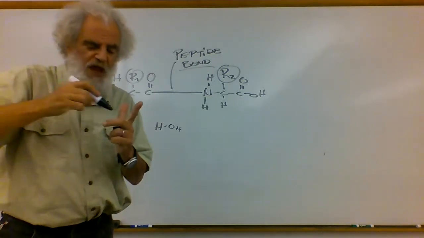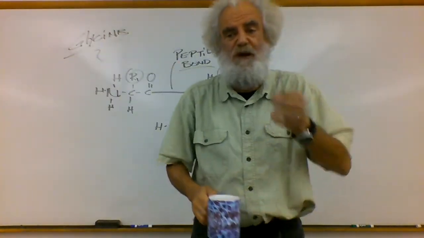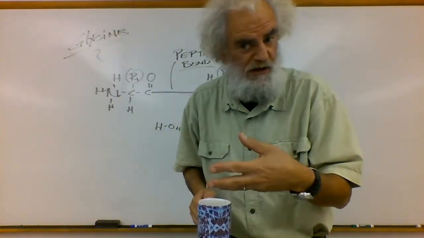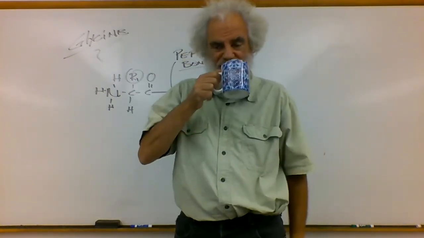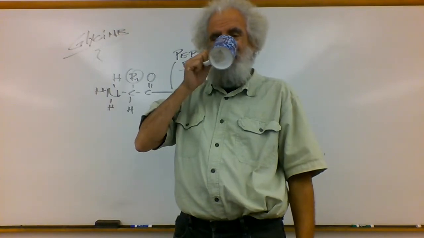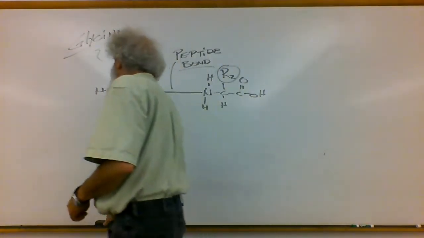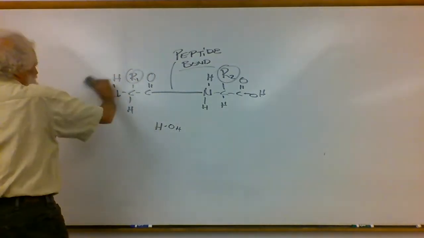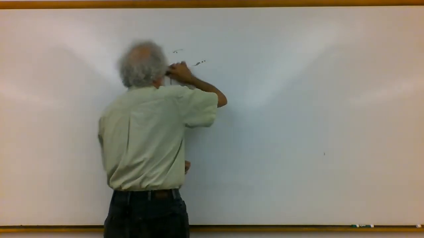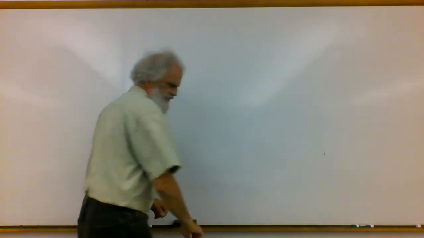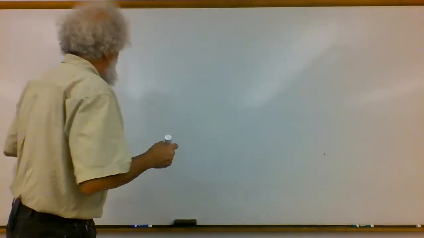Now, when we start linking together these amino acids, because of the R group heterogeneity, the R groups aren't all identical, interesting things can start to happen. Let's look at them, shall we? Let's think of it like this. We've got a bunch of amino acids we're going to start linking together.